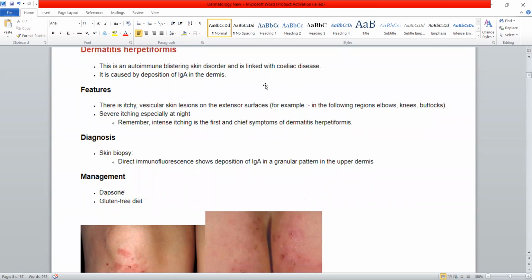So if someone with a history of celiac disease presents to you with an itchy and vesicular skin lesion on the extensor surfaces, then you will suspect Dermatitis herpetiformis.